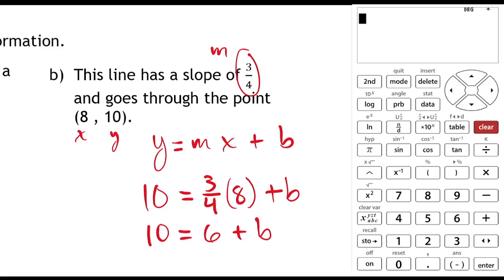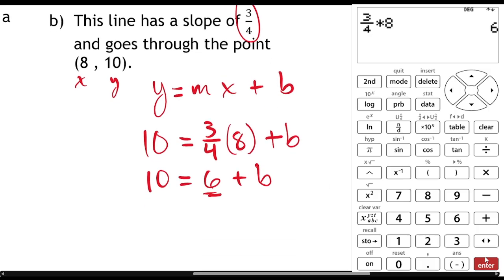If you're not sure how to get that value, use your calculator. I'm just going to type 3/4, there's our fraction, 3 over 4, and multiply it by 8. Again, 3 times 8 is 24, divided by 4 is 6, or 8 divided by 4 is 2, times 3, which is also 6. So no matter what, that's 6. You can see that we've got our 6 there.